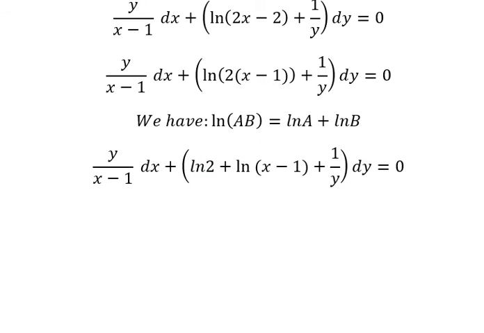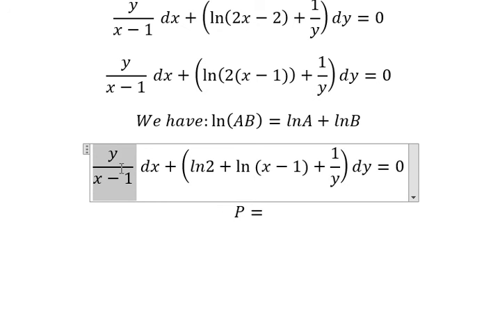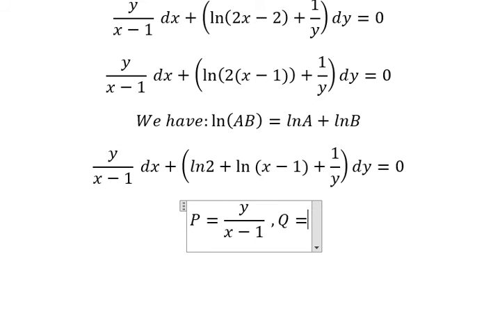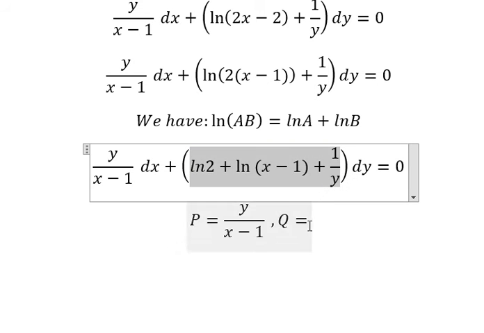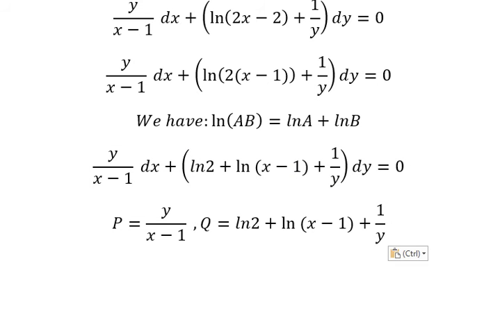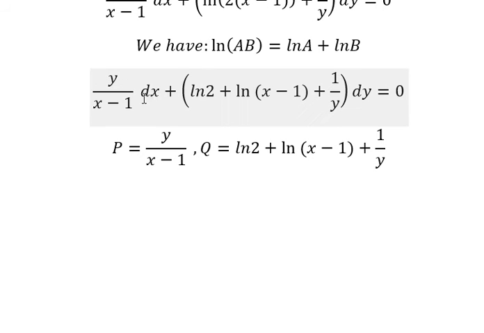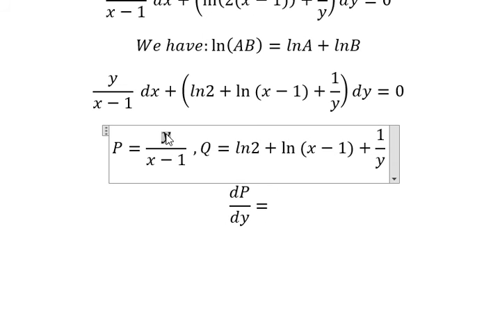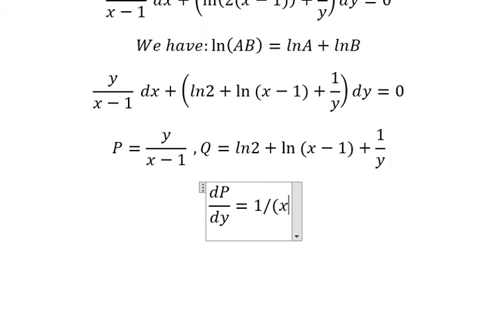Next, I will put P equals to this one, and Q equals to this one. Now, we need to do first the derivative of P with respect to Y. Because the first derivative of Y gives 1, we have 1 over S minus 1.